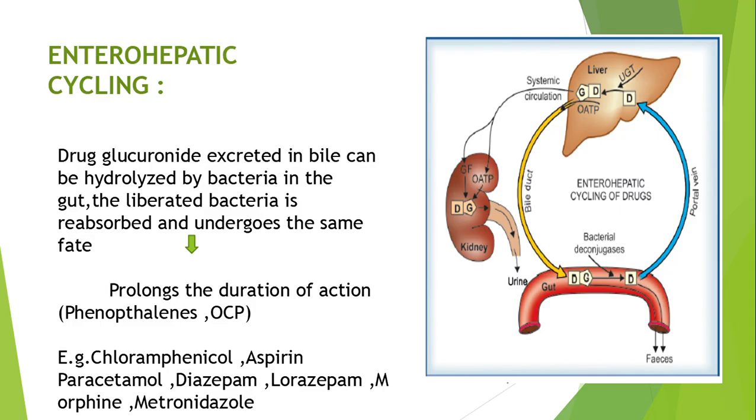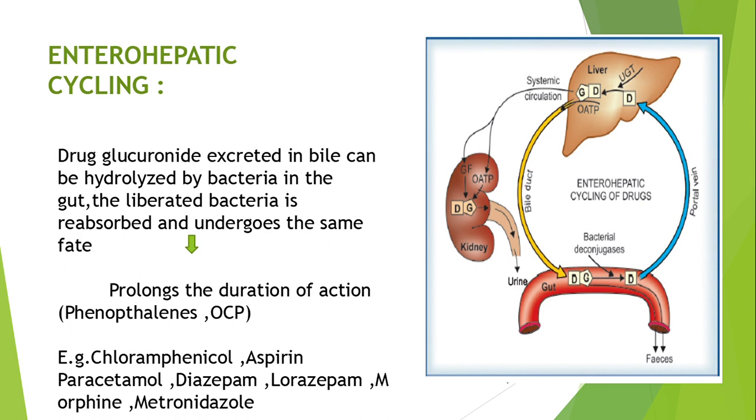This picture shows how enterohepatic cycling of drugs occurs. The drug glucuronide is deconjugated, and the free drug enters the portal vein and goes to the liver, where it is further conjugated with glucuronate, with OATP involved, and then enters the systemic circulation.